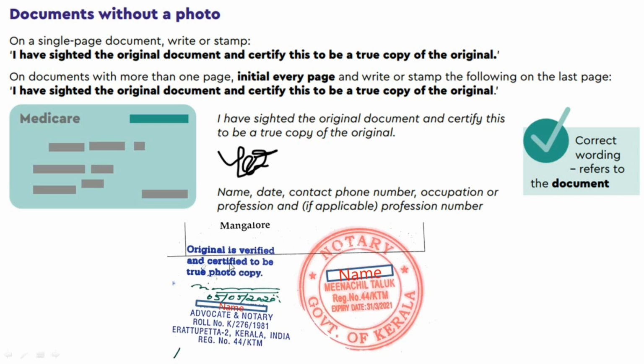So this stamp should be there on the final page, and the name of the lawyer and his phone number and the date when it was attested, everything should be mentioned. So this will be accepted by the AHPRA.